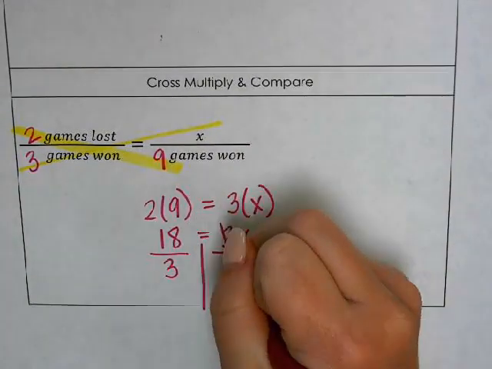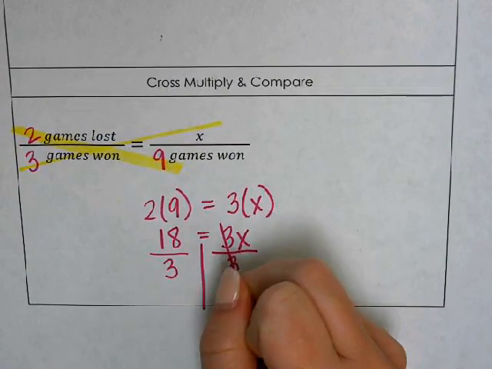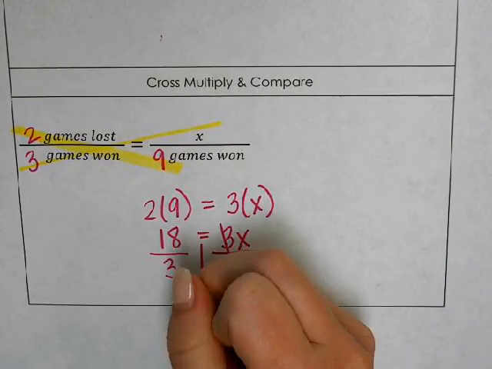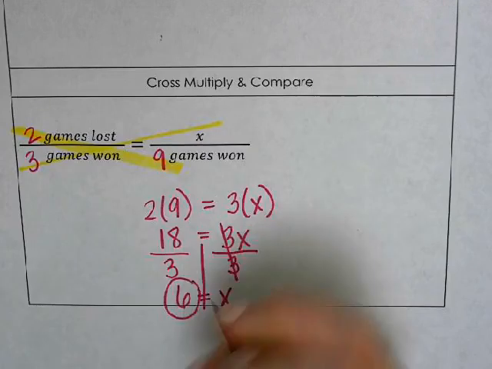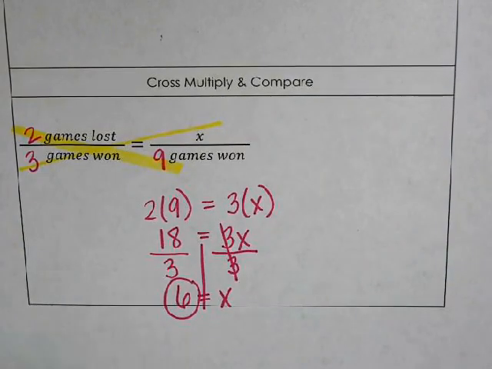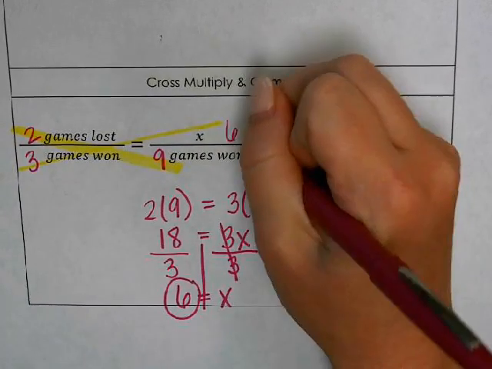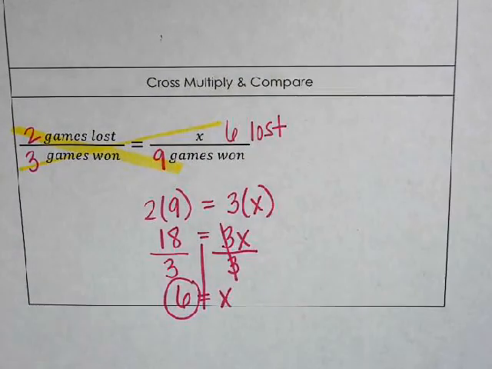That cancels. x equals 18 divided by 3, which is 6. Telling me, okay, the relationship here is for every 9 games won, he would have lost 6 games. Let's continue to use these strategies as we learn about ratios, proportions, and finding that missing value.